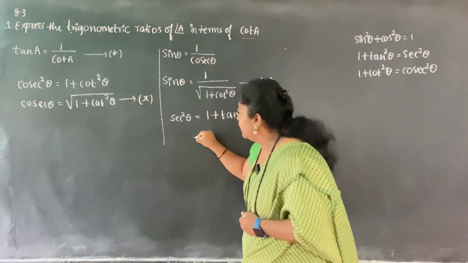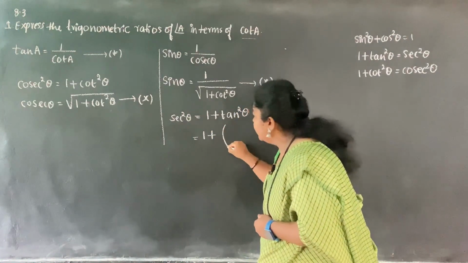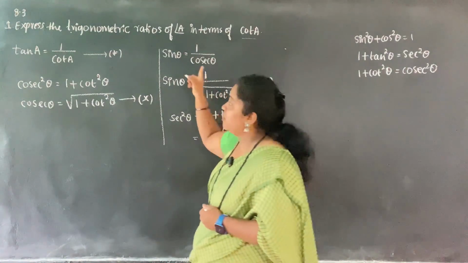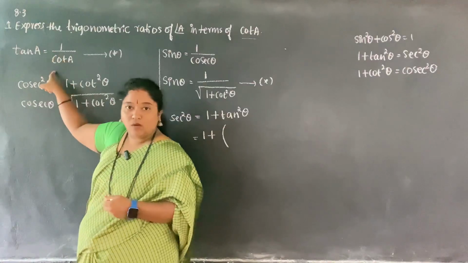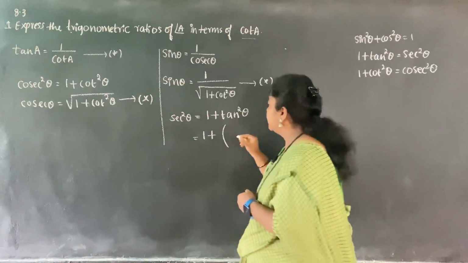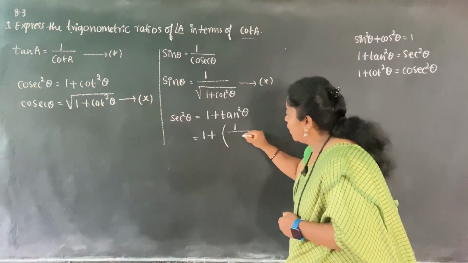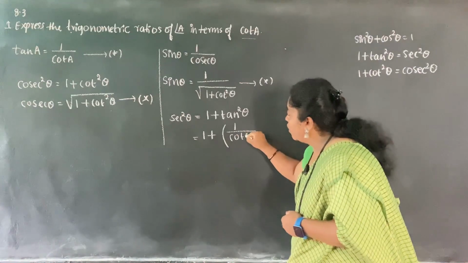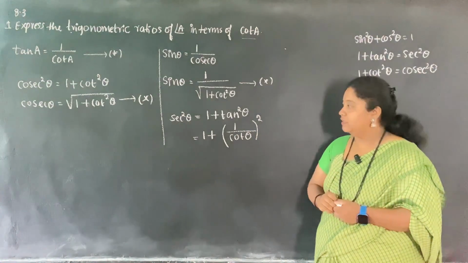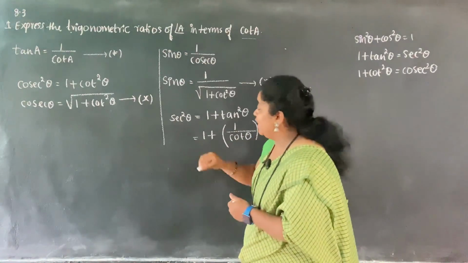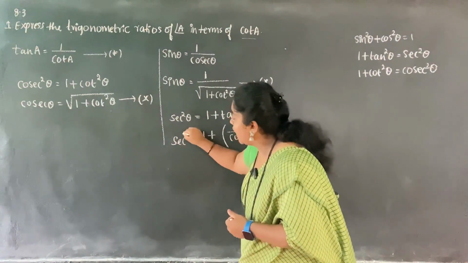Fine. Now see here, 1 plus, what is tan dear? Tan already I have represented in terms of cot, that is 1 by cot. So instead of tan square, I'll be having 1 by cot theta the whole square. But this is the value of secant square theta, dears.